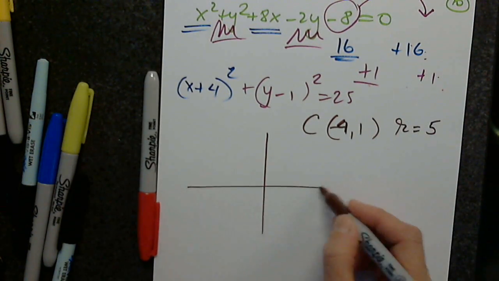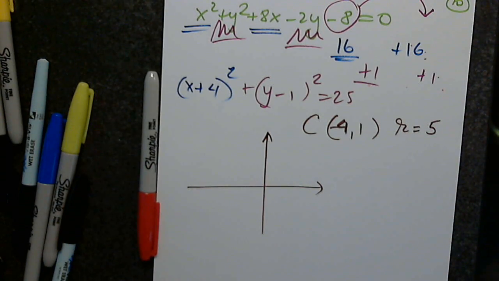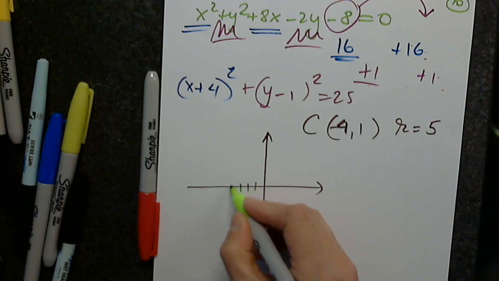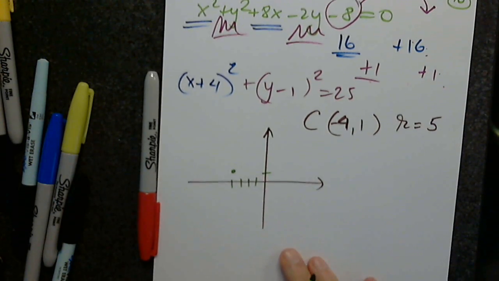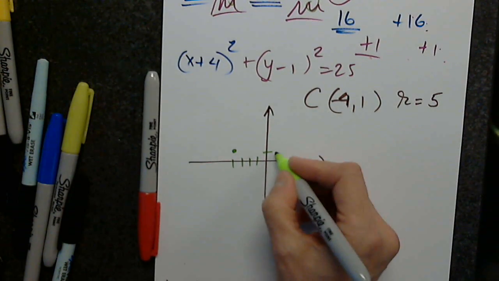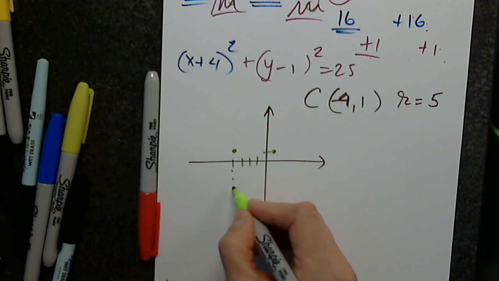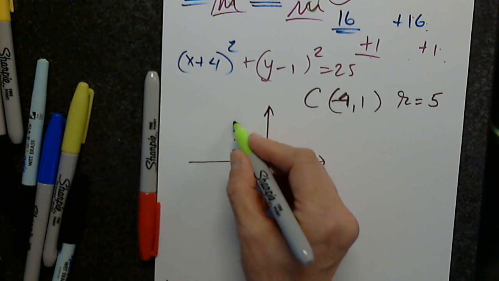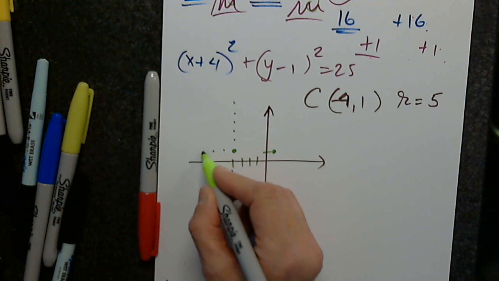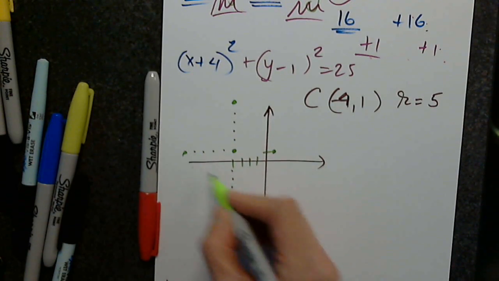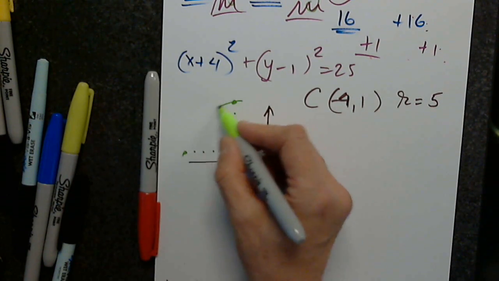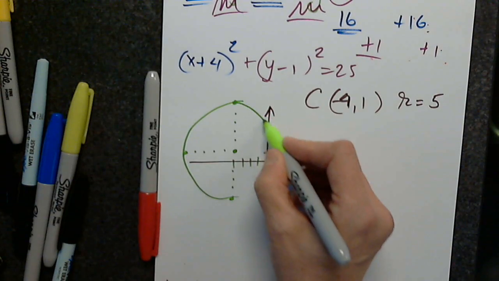If we are asked to graph it, we'll graph it. So -4, +1, and 5 units all the way. 5 units here, 1, 2, 3, 4, 5, and so on. I got to 4 points, good enough for a non-perfect graph.